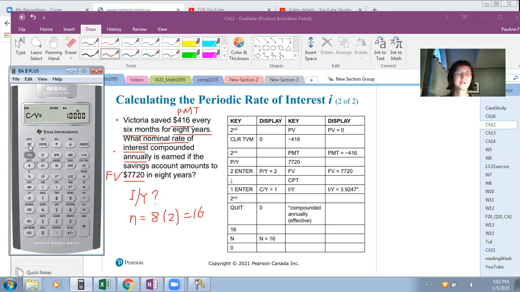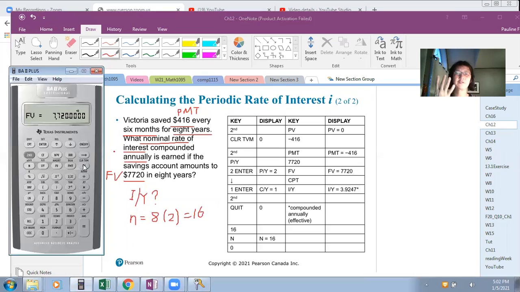Now, second quit. 416 negative, PMT. 16, term N. $7,720, that is FV. We entered 3 numbers.